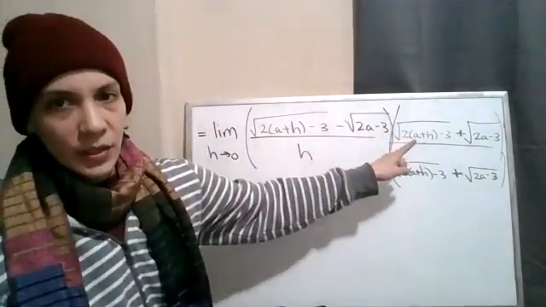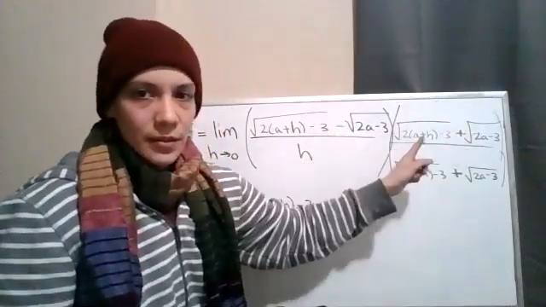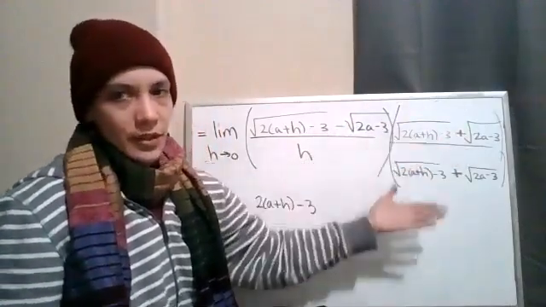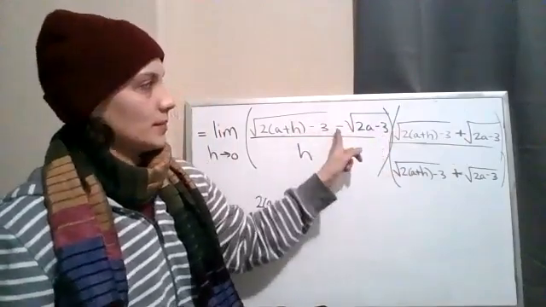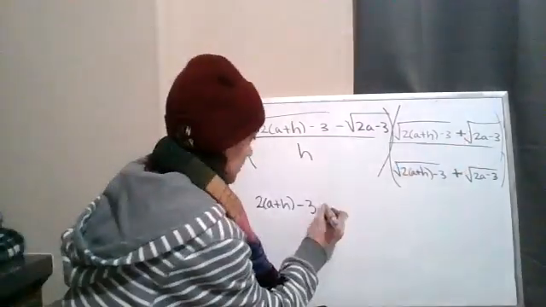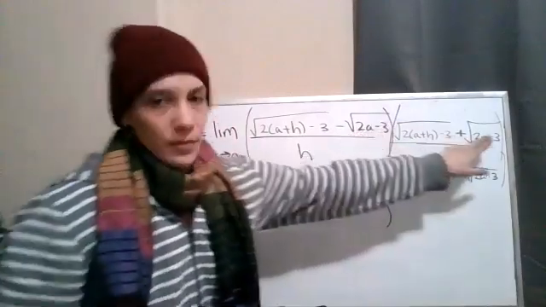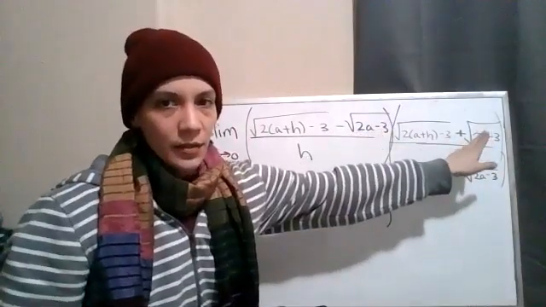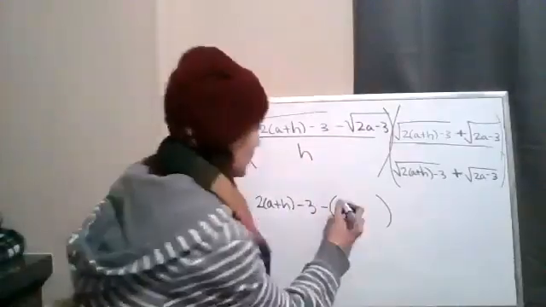It's like foiling the numerators here. Positive one of these and a negative one of those, which is why we chose the conjugate, so that the middle is gone. Subtract. The root of 2a minus 3 times itself, so the 2a minus 3 is left.